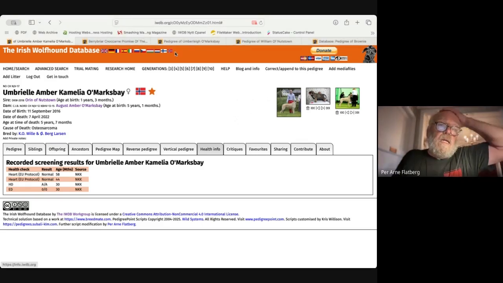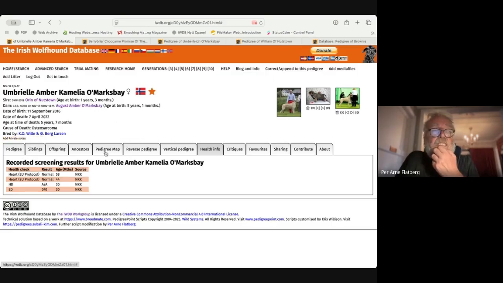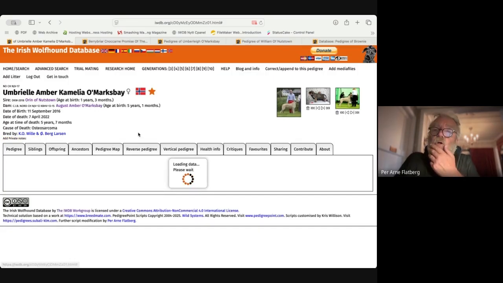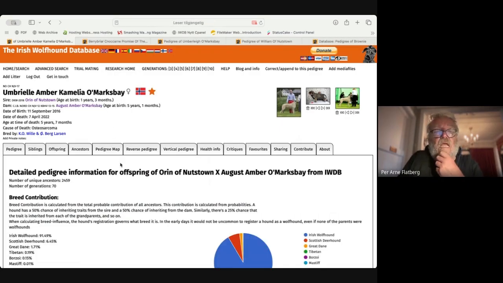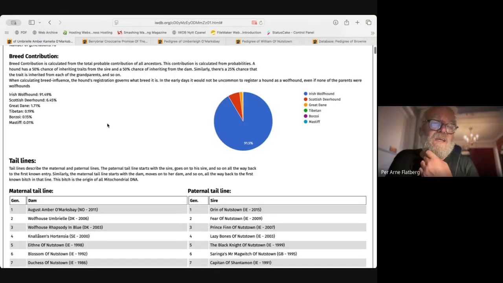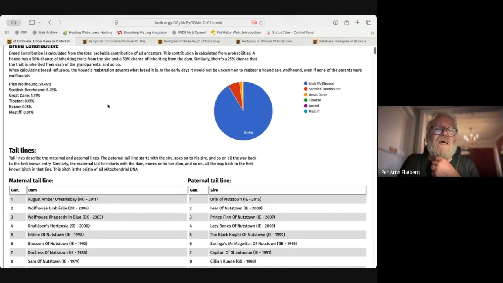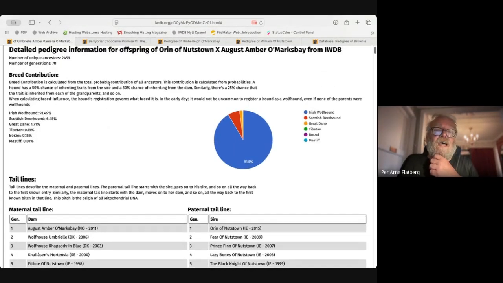Okay, so I wanted to give you a few things here. First, the pedigree map. I talked a bit about it. It's a fantastic way to get lost in the history of your dog.